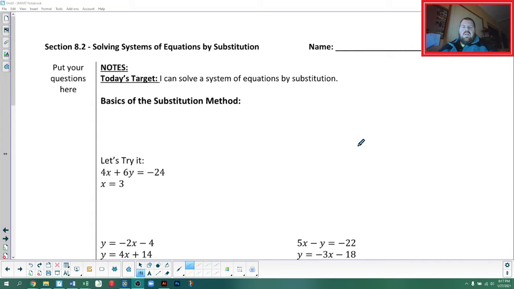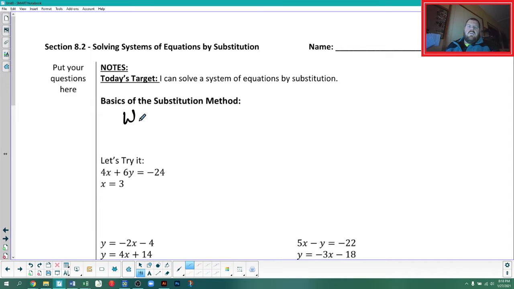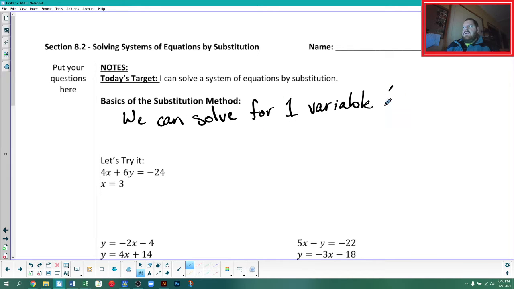So getting right into this, the basics of the substitution method revolve around the idea that we can solve for one variable, and then once we have that, maybe we say that we have something like x equals some stuff, okay?